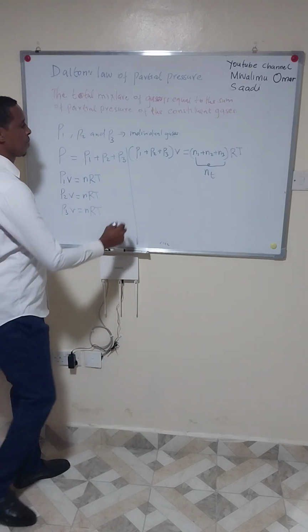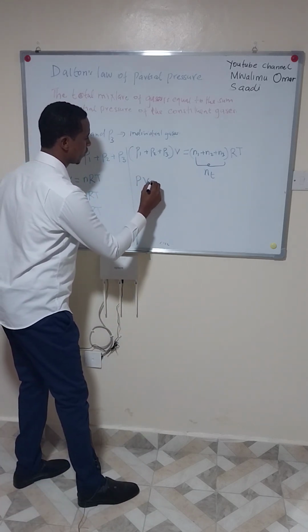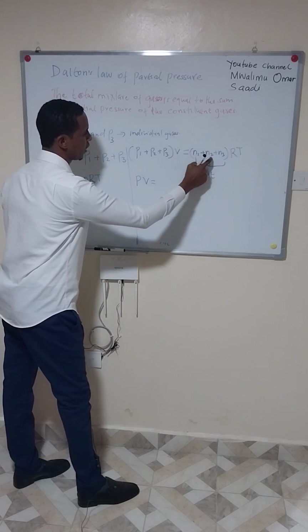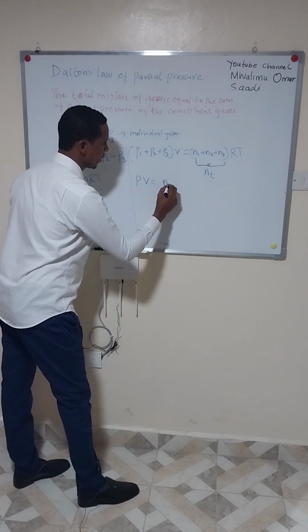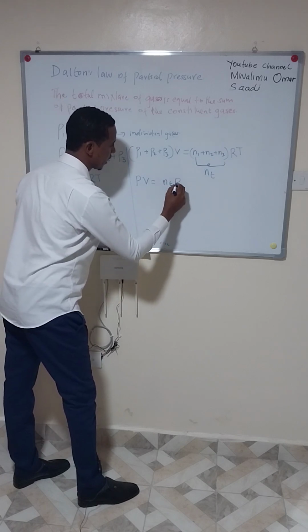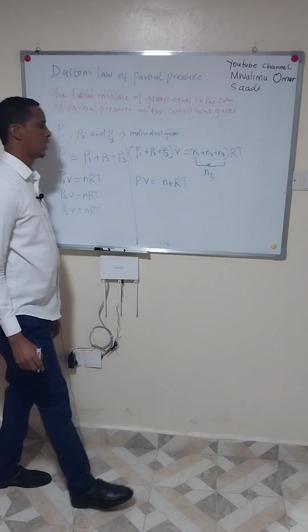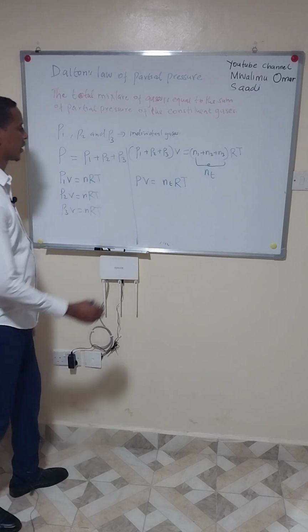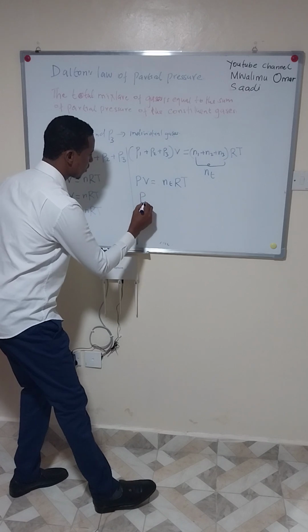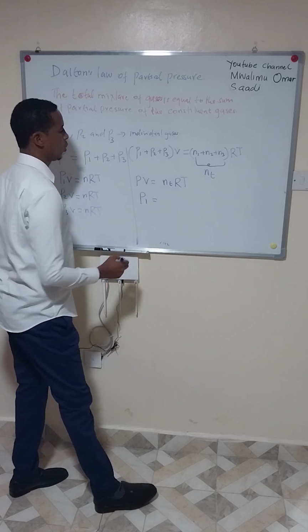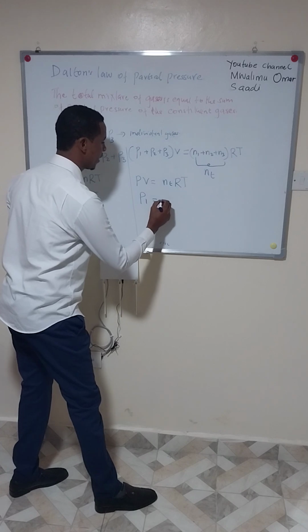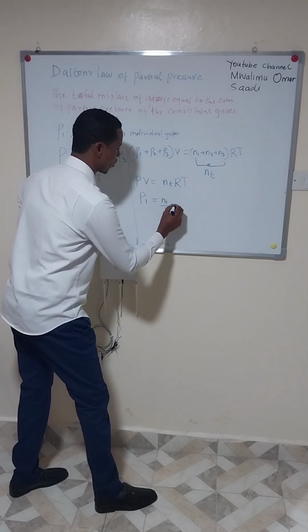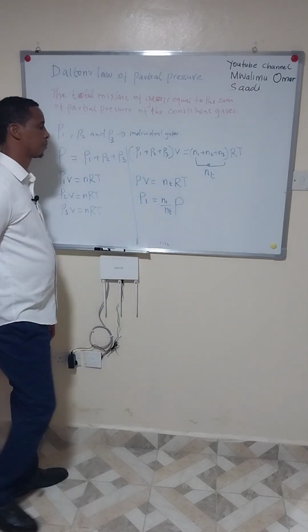So we can now have PV will be equal to nT, which is the substitute of n1, n2, and n3, then RT. So for instance, if we want to find the partial pressure of P1, it will be equal to n1 over nT times the total pressure.